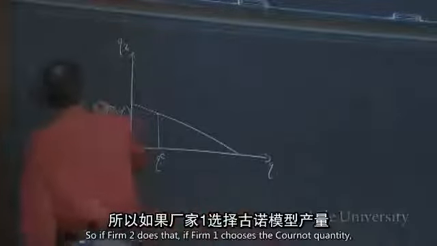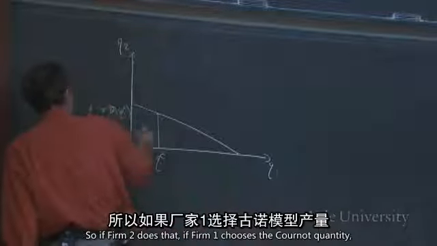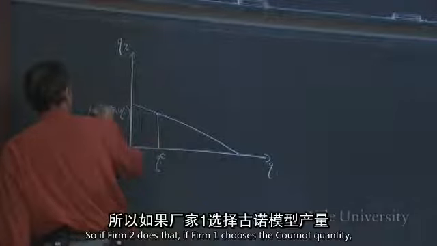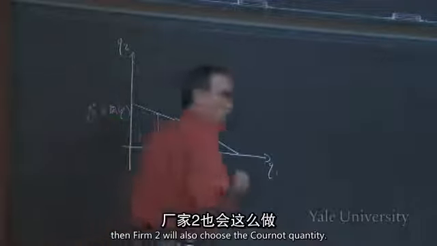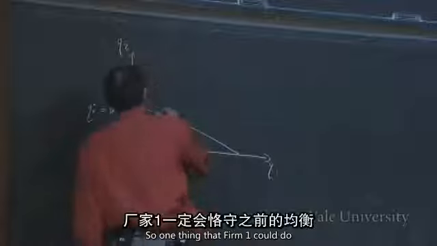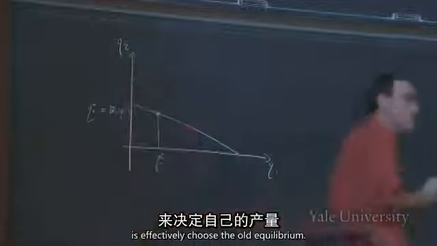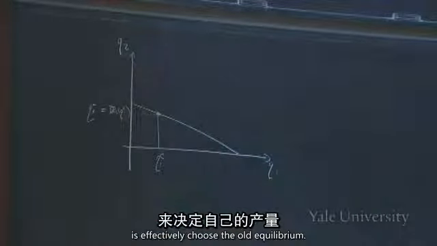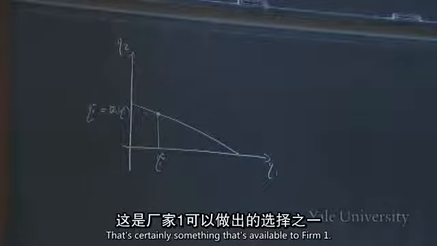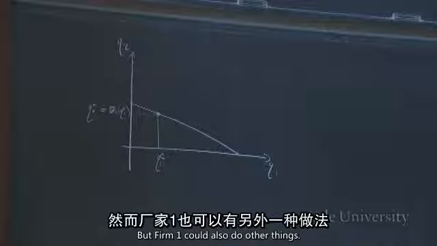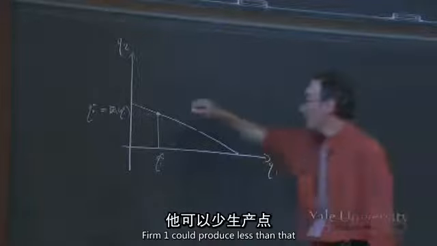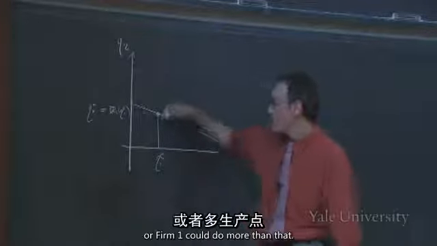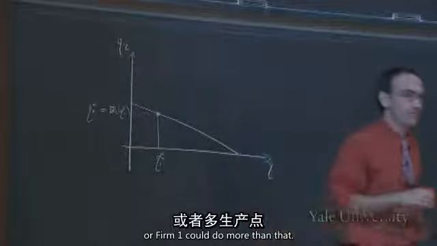So if firm 1 chooses the Cournot quantity, then firm 2 will also choose the Cournot quantity. So one thing that firm 1 could do is effectively choose the old equilibrium. All right, that's certainly something that's available to firm 1. But firm 1 could also do other things. Firm 1 could produce less than that, or firm 1 could do more than that.